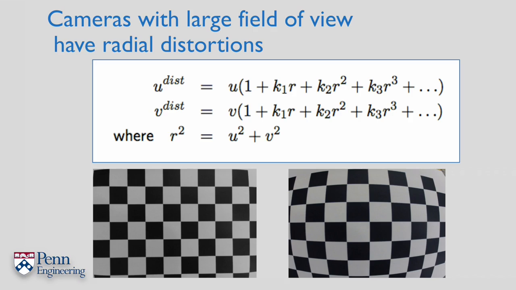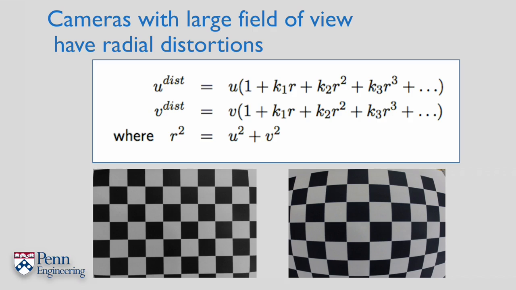You get really curved lines. But these curved lines have a particular characteristic. All of them are distorted with respect to the center. And this distortion we are going to call a radial distortion, which means that the pixel point is distorted proportionally to the radius from the center.